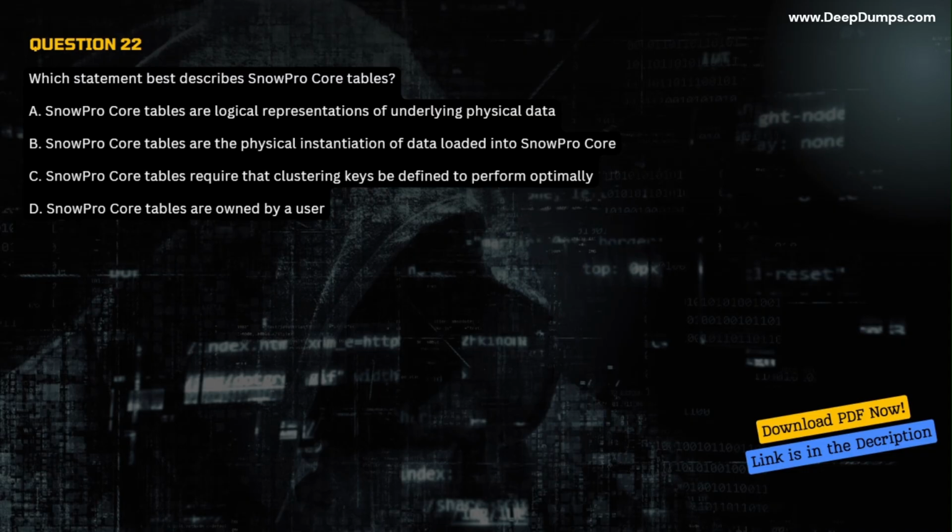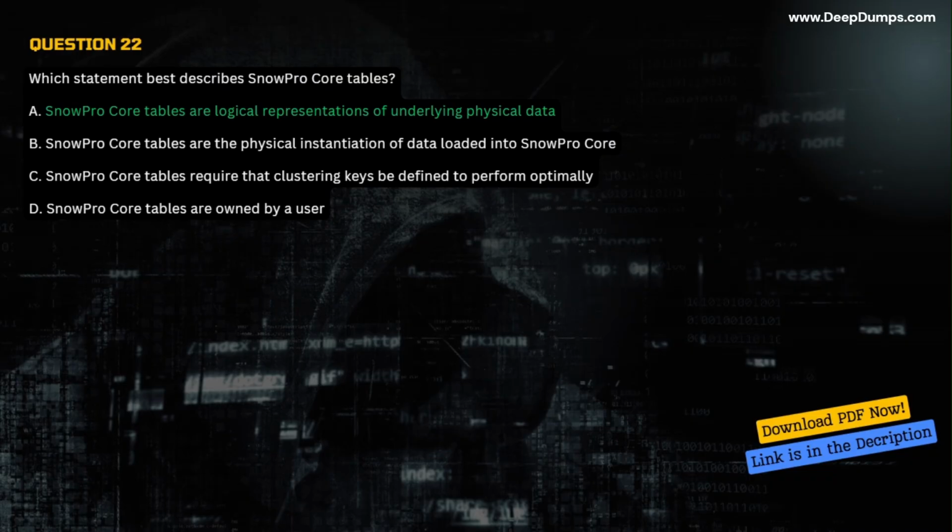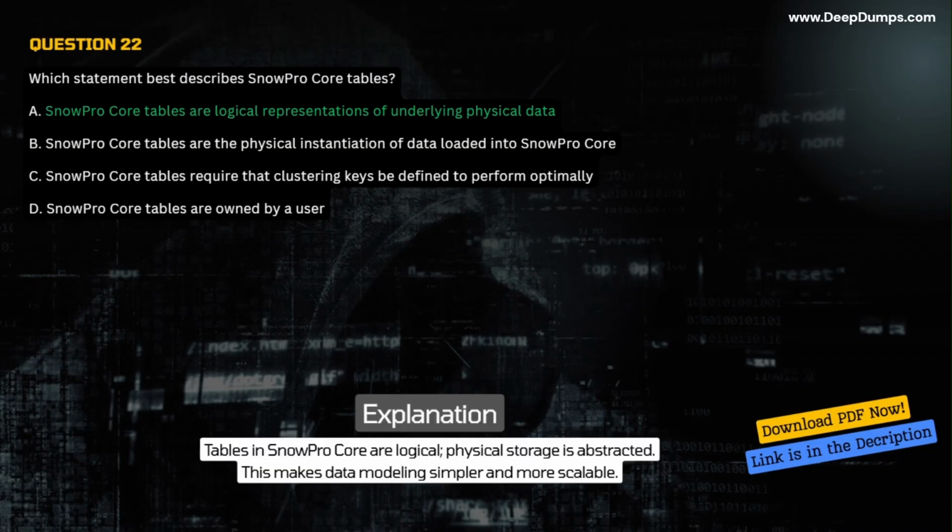D. Snowflake tables are owned by a user. Correct answer A. Snowflake tables are logical representations of underlying physical data. Explanation: Tables in Snowflake are logical. Physical storage is abstracted. This makes data modeling simpler and more scalable.